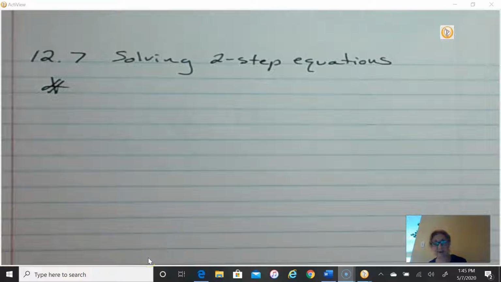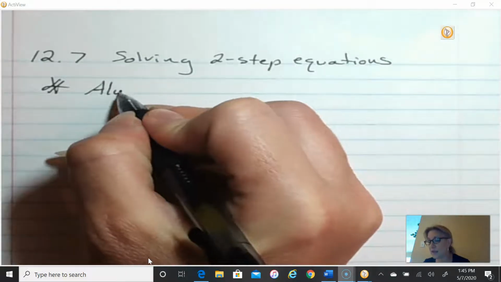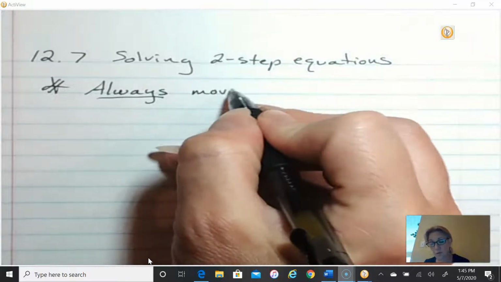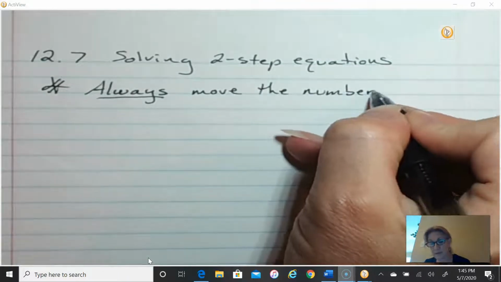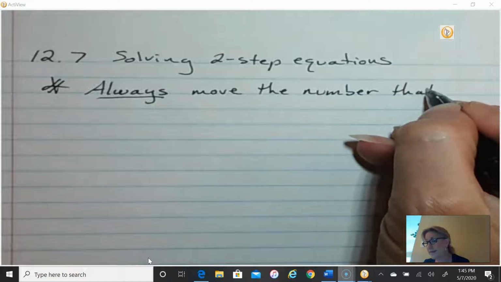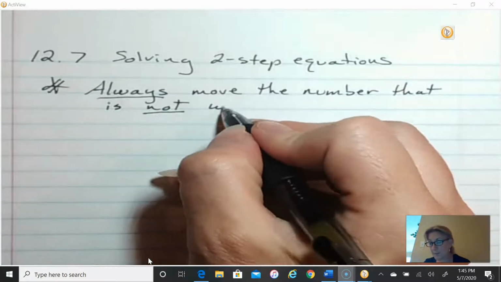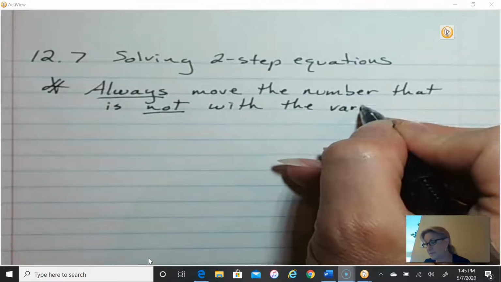Before I get started on examples, I'm just going to jump right in. We're going to do a ton of examples together. But before I do that, I want to mention a little rule I have. Always move the number that is not with the variable first.